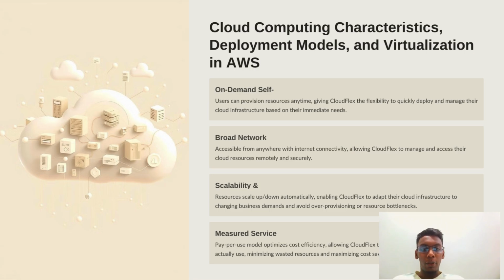This is accessible from anywhere with internet connectivity, allowing CloudFlex to manage and access their cloud resources remotely and securely. Thirdly is scalability. Resources scale up and down automatically, enabling CloudFlex to adapt their cloud infrastructure. And finally, measured service. About this, the pay-per-use model is optimized and cost efficient.